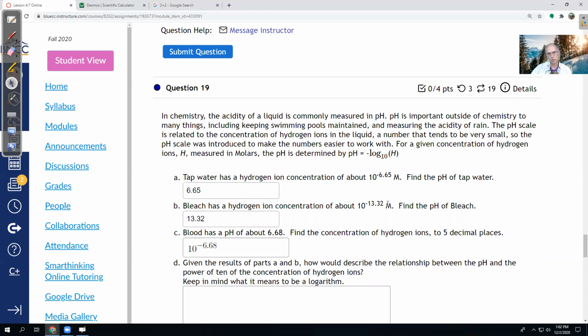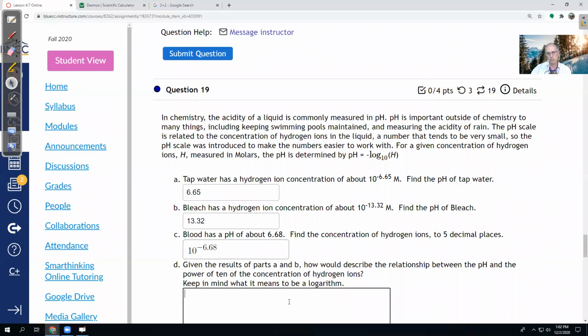And the hope was after the first two, you recognize the relationship between the power of 10 and the pH. And so the relationship I see here is that the pH is the opposite of the power of 10 of H. If you wanted to be more specific about what H is, the concentration of hydrogen ions.